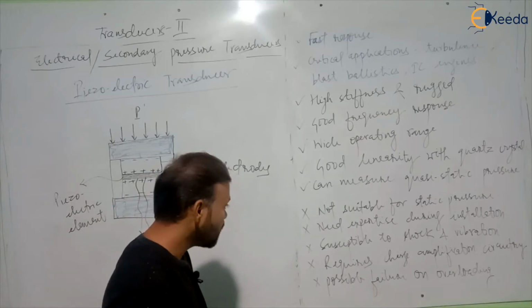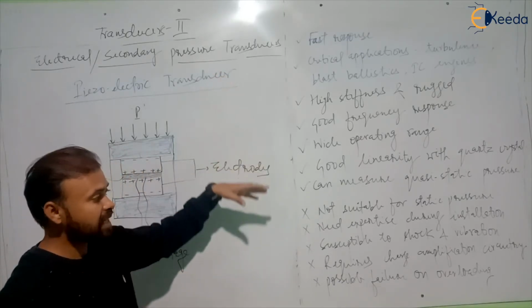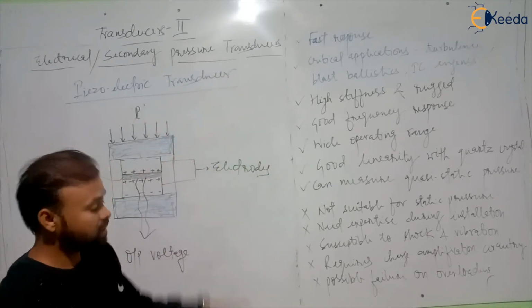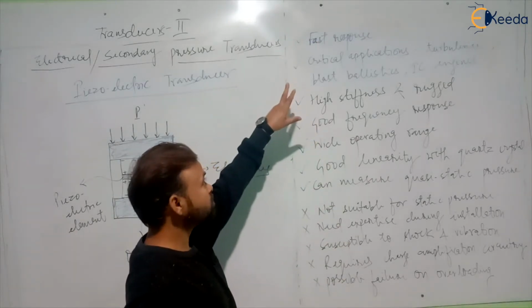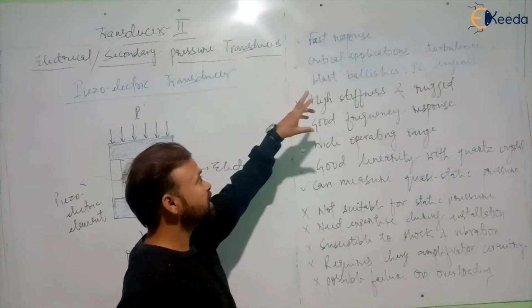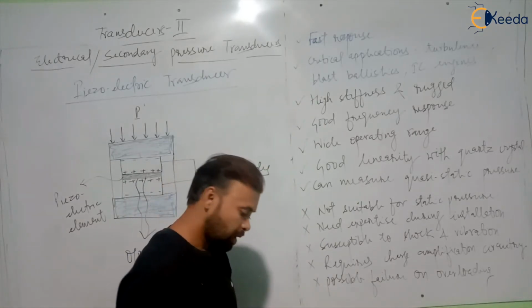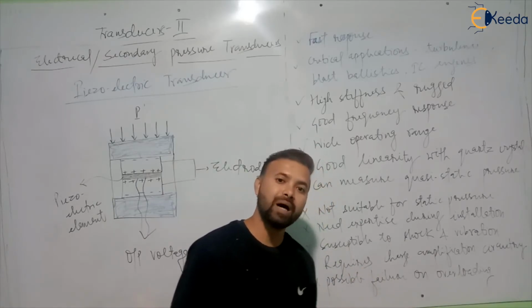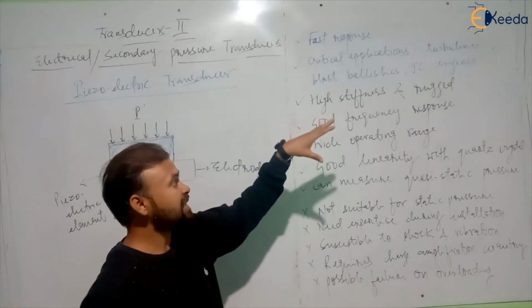So this is your piezoelectric transducer, and this transducer is very easy to operate. Let us see some advantages and disadvantages of the piezoelectric transducer. First, the response of the piezoelectric transducer is very fast. This can be used in critical applications where there is turbulence, or in industries where furnaces at high temperature are required, IC engines.